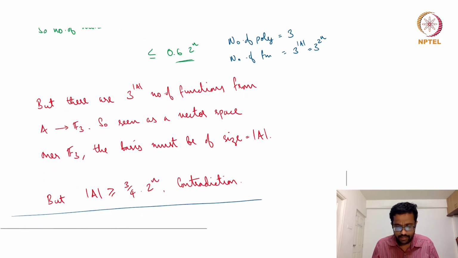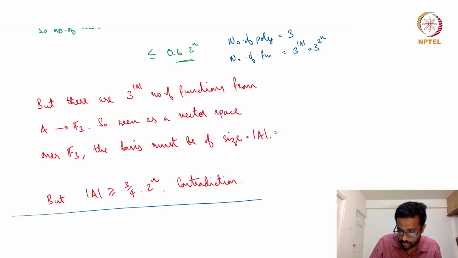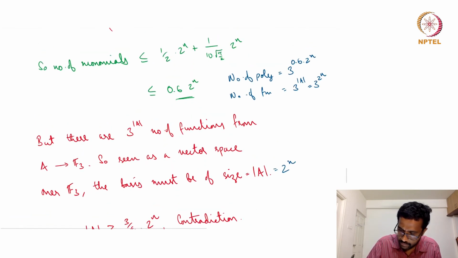Another way to see it is that all these functions form a vector space, and the dimension of this vector space must be the size of A. But sorry, not 2 power n. I'm sorry, even here, this is 0.75 times 2 power n.